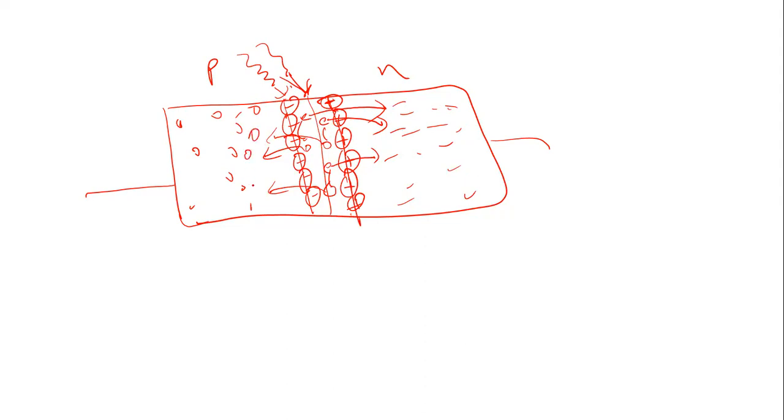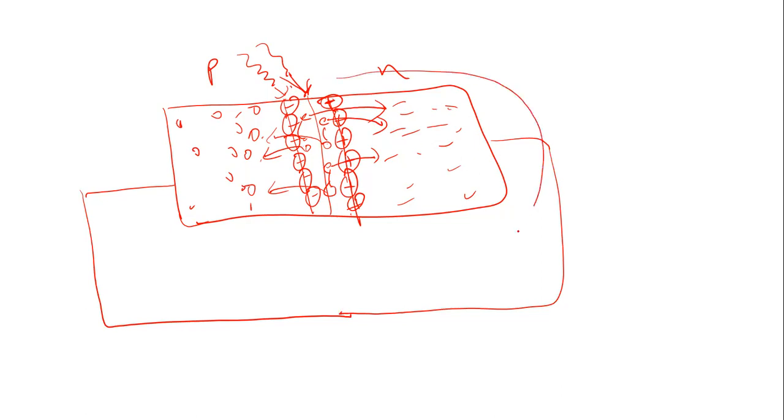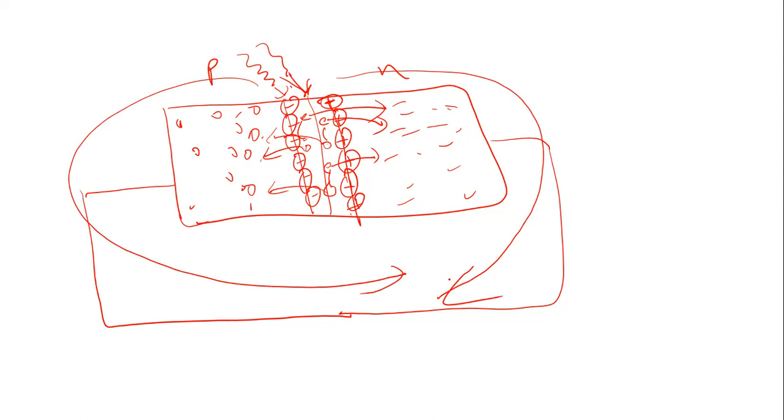Now, under this condition, if you close the circuit like this, electrons will flow in this direction and holes in this direction. Conventional current flow is opposite to the direction of flow of negative charge, so we will have a current in this direction.